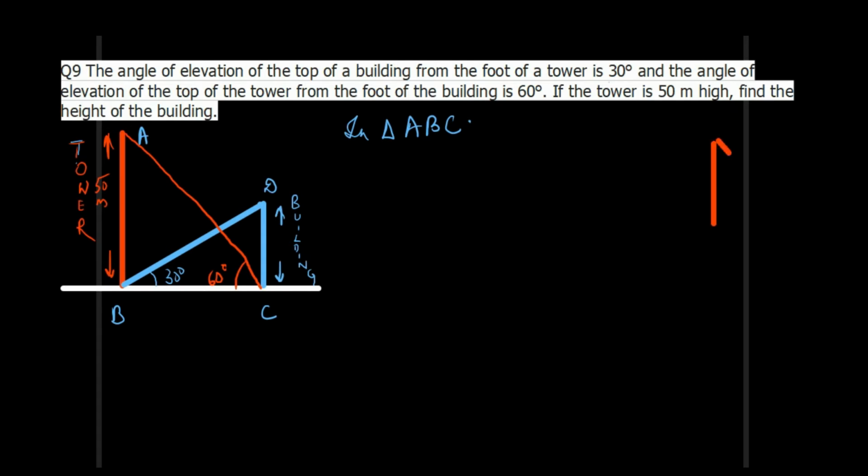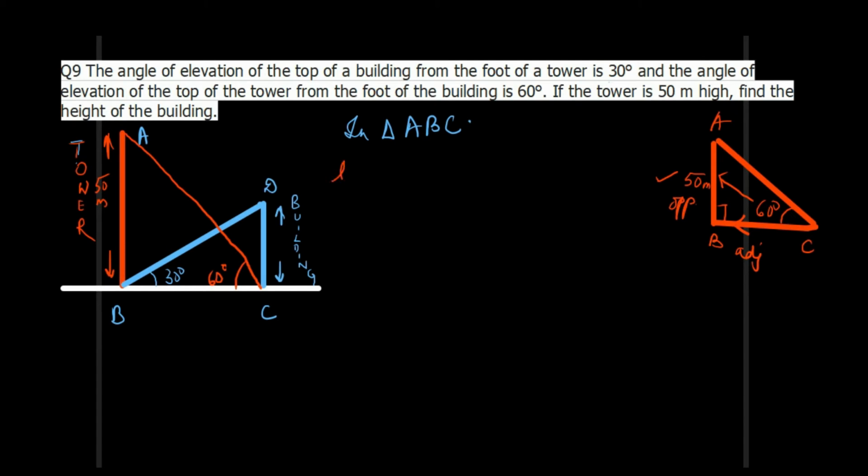This is the triangle ABC, where this angle is 90 degree and this angle is given to be 60 degree, and this length is 50 meter. So in this triangle, we know the side opposite, because 50 meter is the side opposite, and BC is the adjacent side.